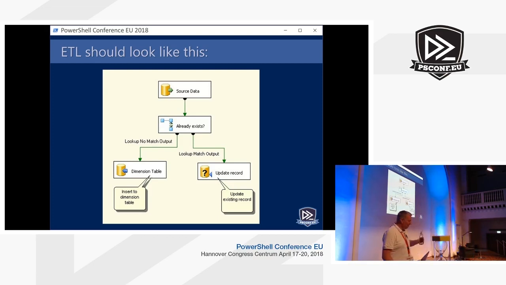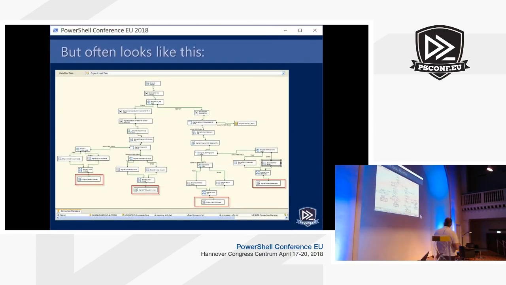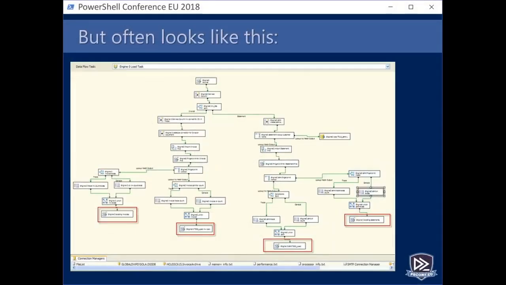Also, packages should look like that. They usually don't. This is what they look like often, right? And now you're having a lot of stuff in the same package, and you can't work on it with a team anymore, because even though these packages in the background are XML files, you do not ever want to stick this into a source control system and merge it.